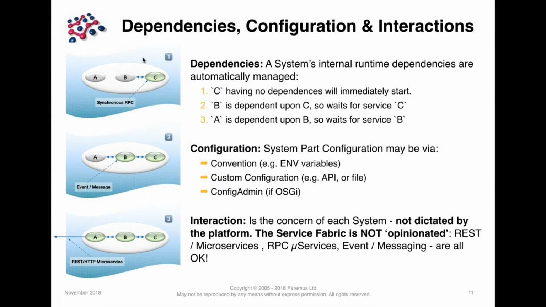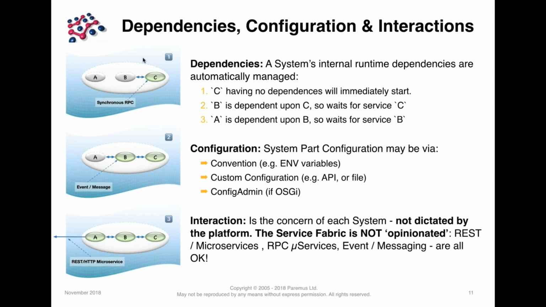Okay, so one of the things the fabric does is manage all the dependencies, configuration and interaction. By this we mean that from the dependencies point of view, when you fire up a system in the fabric, the dependencies are automatically managed. Here we can see that the system is composed of 3 system parts, A, B, C. When it's deployed and started, component C will start first because that has no external dependencies.